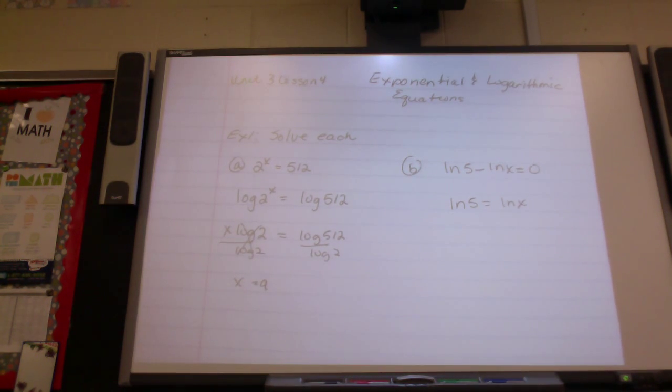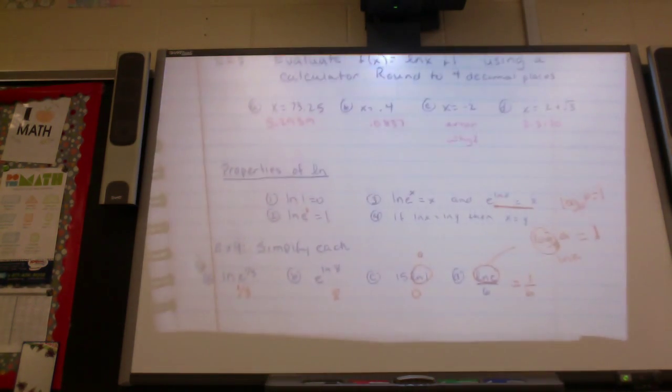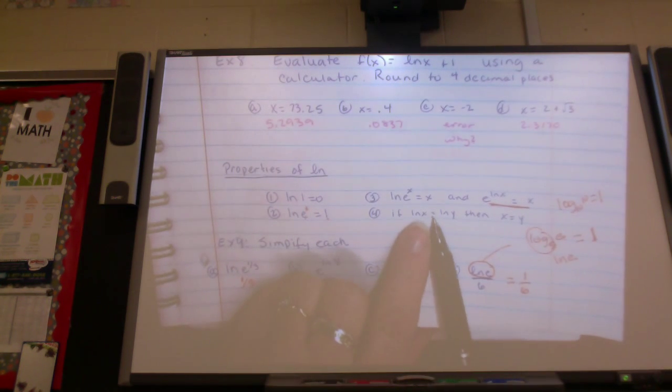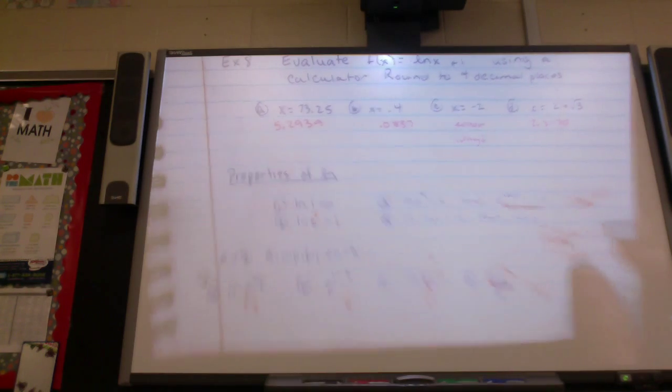I'm taking the natural log of 5 and it equals the natural log of some other number x. So x equals 5. We had the property. Right here, this one that says if ln of x equals ln of y, then x equals y. Okay? So x equals 5.